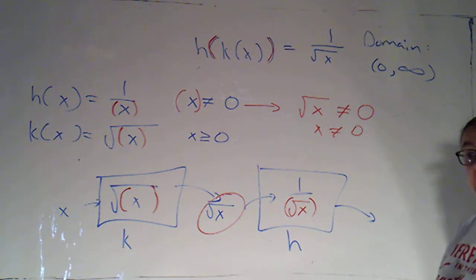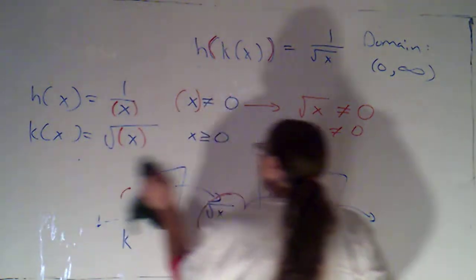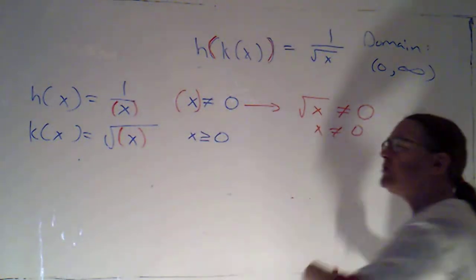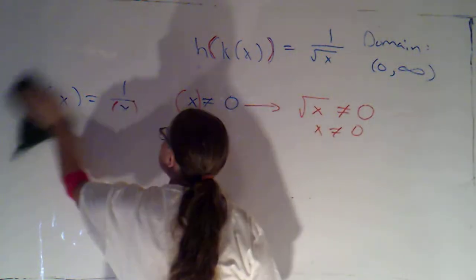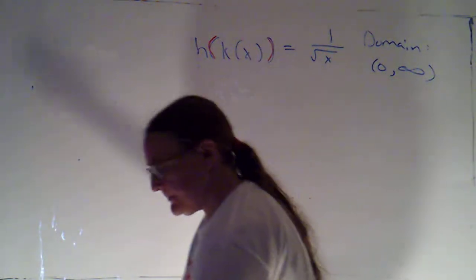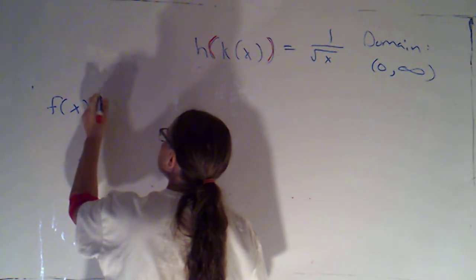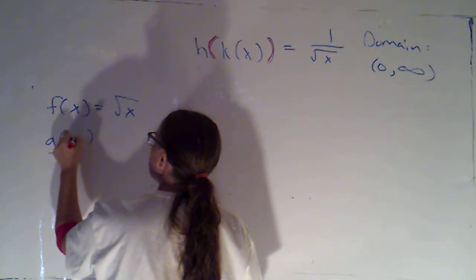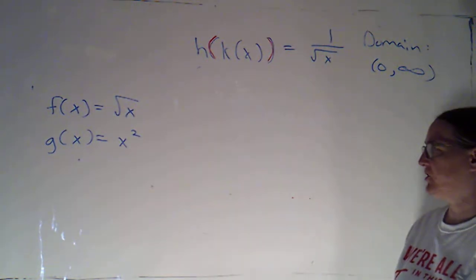You do want to be careful, because sometimes, in the process of simplifying your formula, you're going to lose track of the way you built things. Let me just give you an example of that. Let's suppose that f of x was the square root of x, and g of x was x squared.